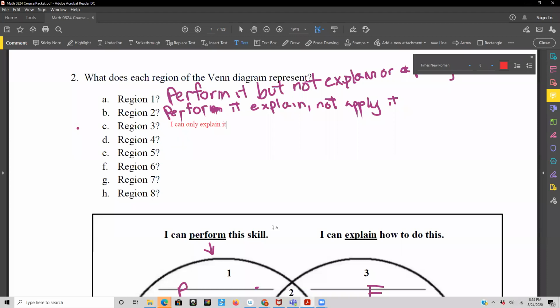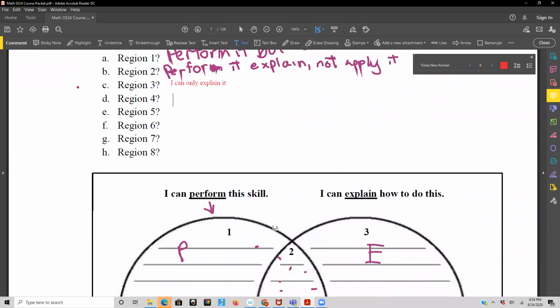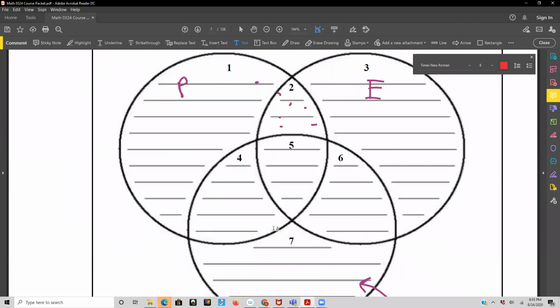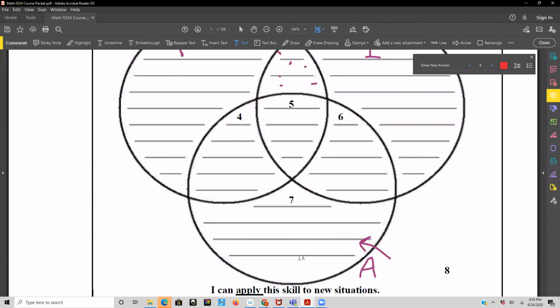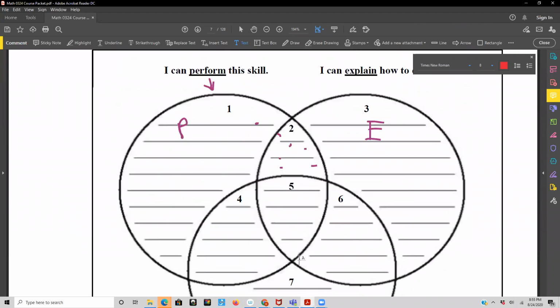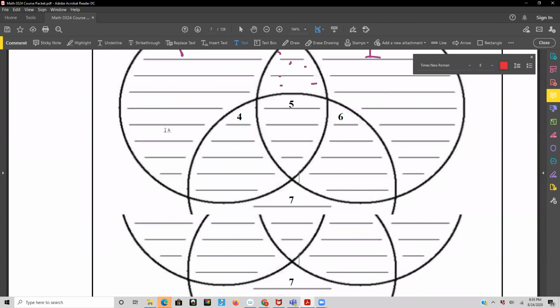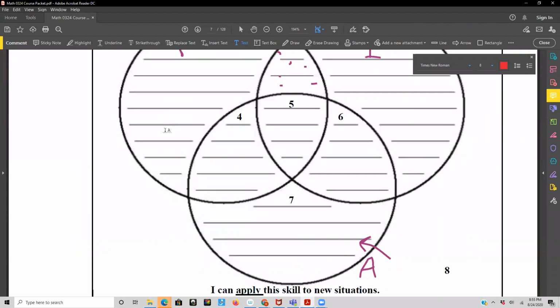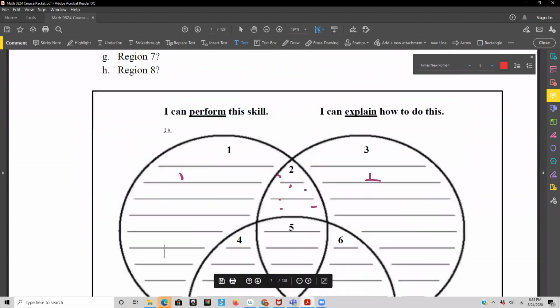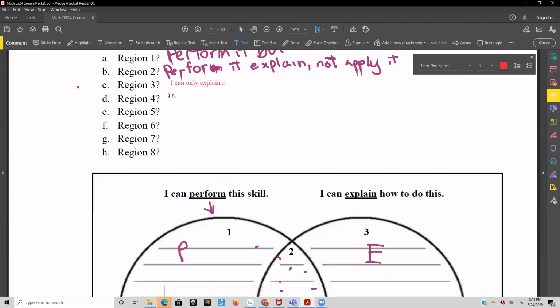All right. Let's see, region 4. Region 4 is the overlap of P and A and not E. So that means I can perform it and apply it, and I can't explain it.